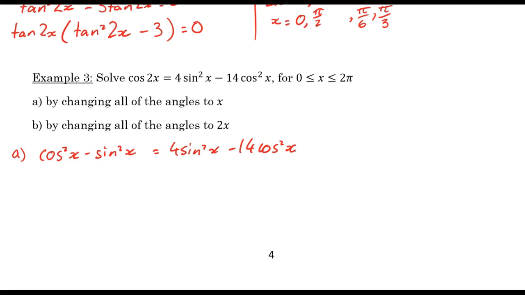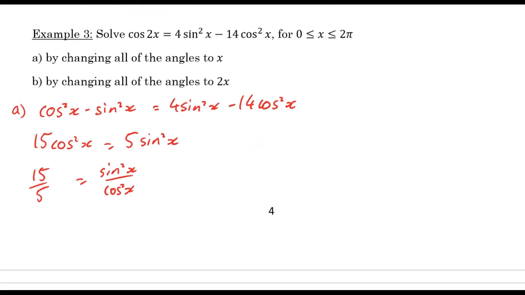Rightio, now we can tidy these up a bit, and I'm going to get 15 cos squared x equals 5 sine squared x. This is coming together nicely. Let's say 15 over 5 equals sine squared over cos squared. Just to remind us, sine squared over cos squared is tan squared x. So we've got tan squared x equals 3.